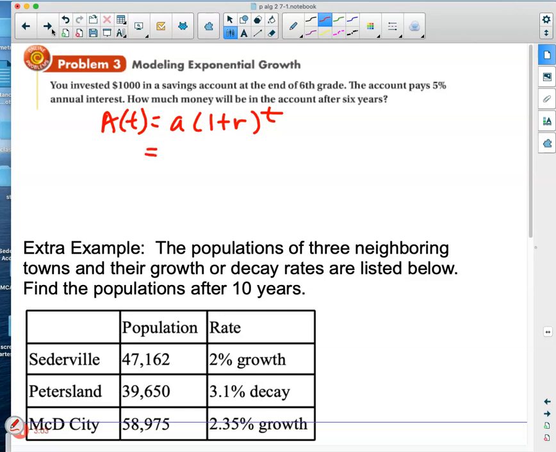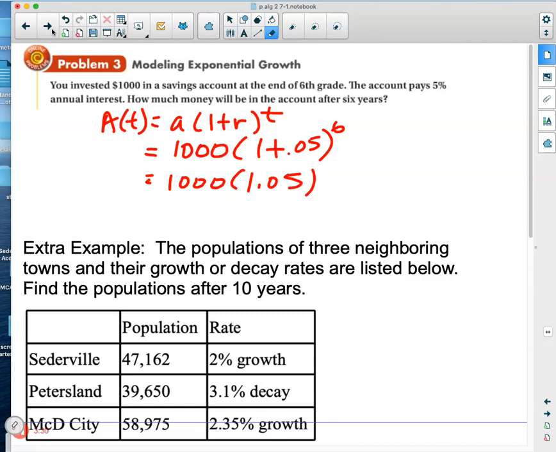So how much money did you put in? $1,000. What's our interest rate as a decimal? 0.05. This one was 5%. I think some of you are already doing the exponent, aren't you? And yeah, 6 years. And again, we can do the dollar plus a nickel in our head, so we don't have to punch it in with a plus in there.